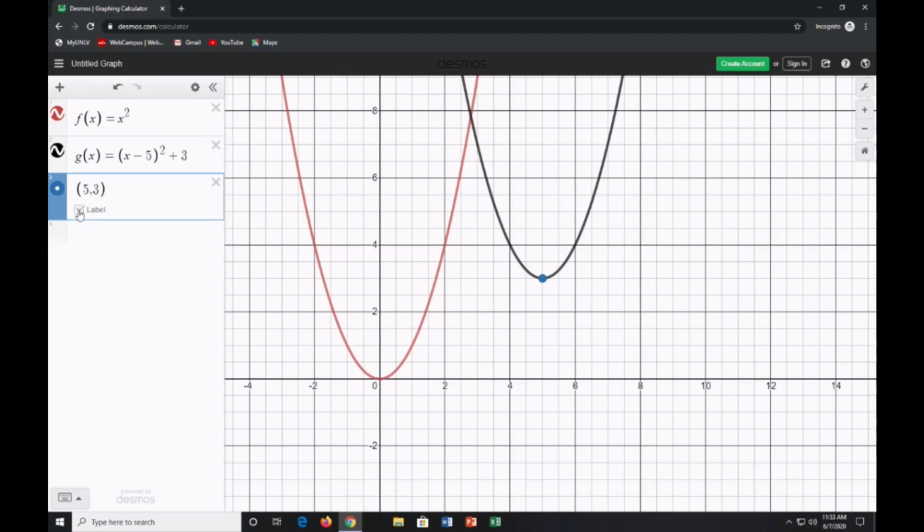So we can also label it like that, 5, 3, right? Okay, so let's go back to the document camera.